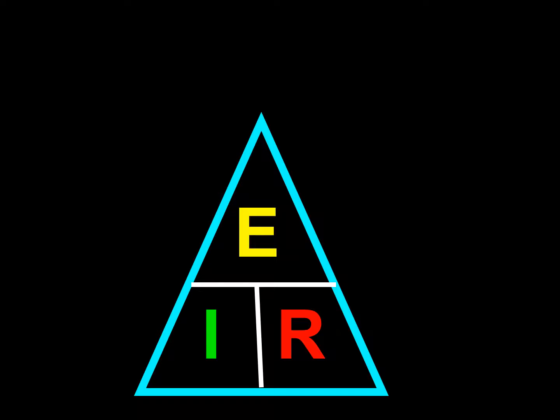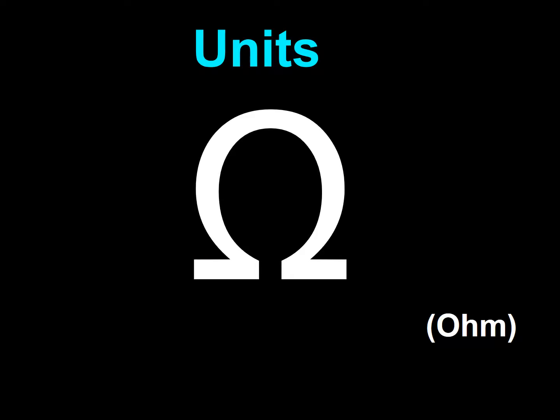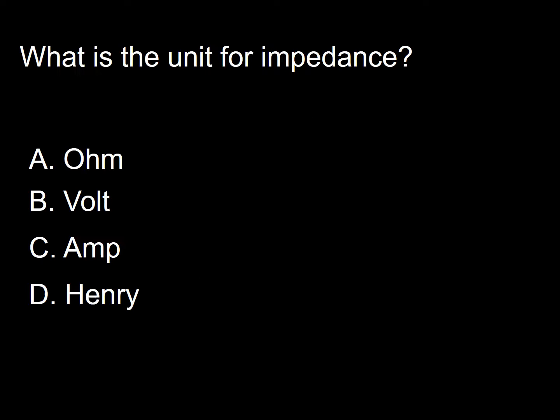When dealing with impedance, we only need to substitute the letter R with the letter Z. The unit for impedance is the same as the unit for resistance. It is the ohm. So the answer to this question is A.